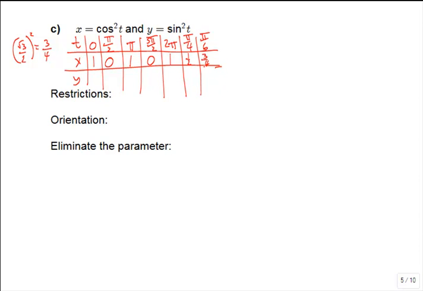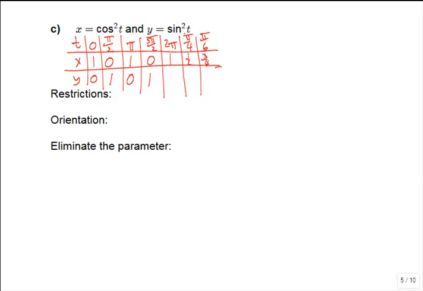Now let's do our y values. So if we plug in 0 for t, sine of 0 is 0, and that squared is going to stay 0. Sine of pi over 2 is 1, 1 squared is 1. Sine of pi is 0, so this will be 0. Sine of 3 pi over 2 is negative 1, and that squared becomes positive 1.